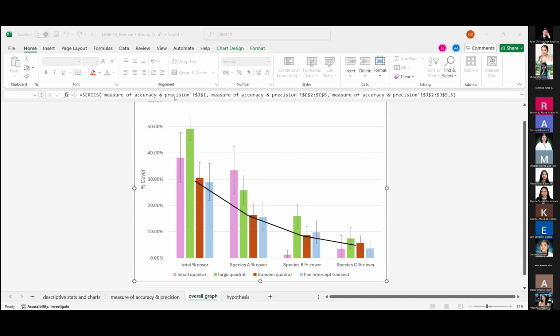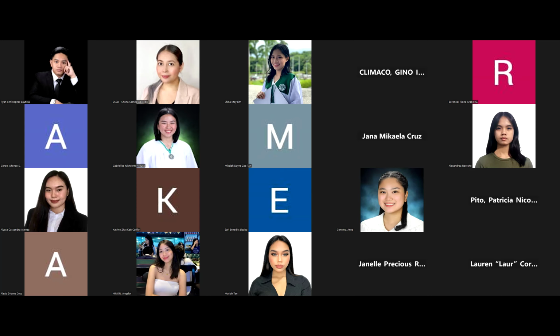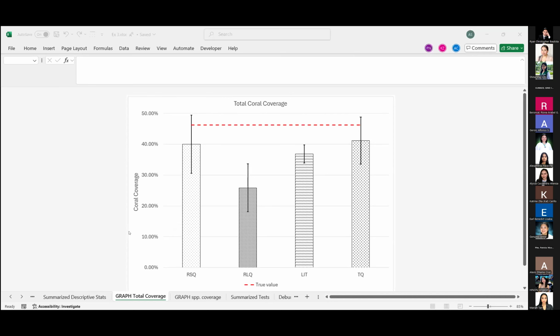Thank you for that. Next, group 4, can I see your graph, please? You made a separate graph for total tsaka per species. Okay, sige. Just show me both, I guess. Sige, yung isa muna.